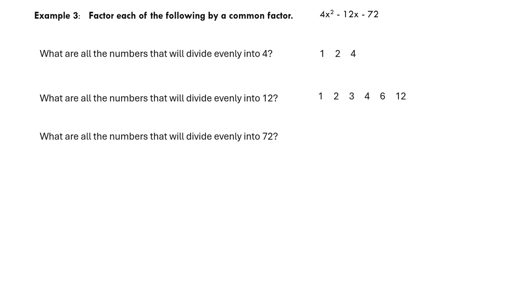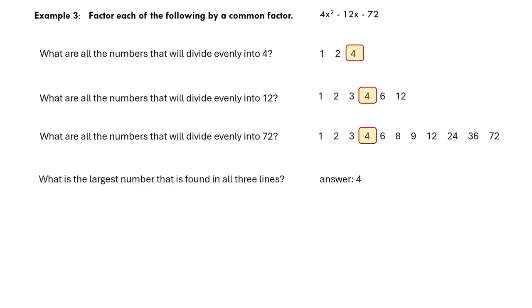What are all the numbers that will divide evenly into 72? And there's the list of all of them. Quite a few. But the largest number that's common to all 3 lists is 4. So our greatest common factor is 4.